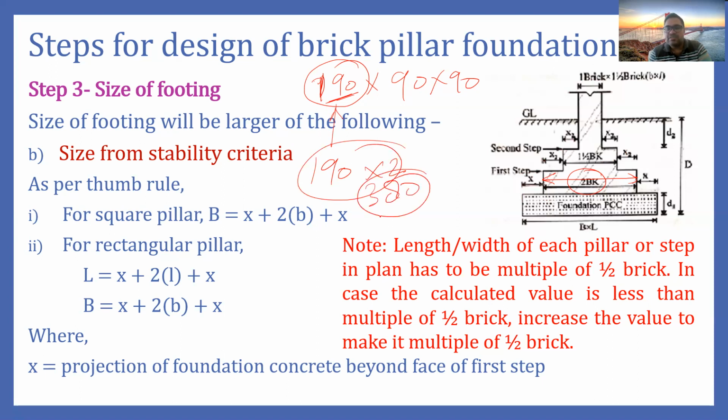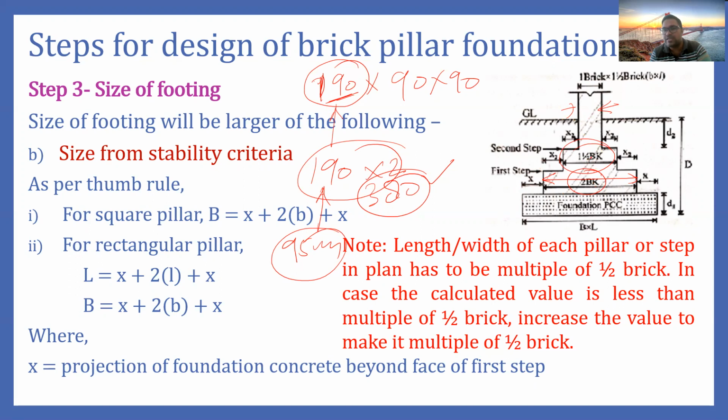And if we say half brick, it means half of 190. Half of 190 will be 95 mm in this case. So this 380, this 2 brick should be the multiple of half brick, or all the thickness, like if we consider 1 brick or 1.5 brick, 2 brick.